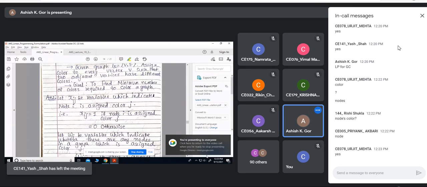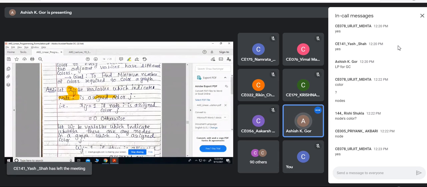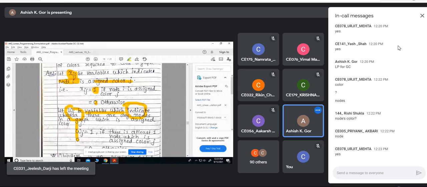So there will be a variable of the kind xij. Remember the notation xij. It indicates that node i is given color j. If it is so, the xij value is 1. It's a Boolean value. If it is not, it is 0. So you have a graph like this, and let's say 3 colors.